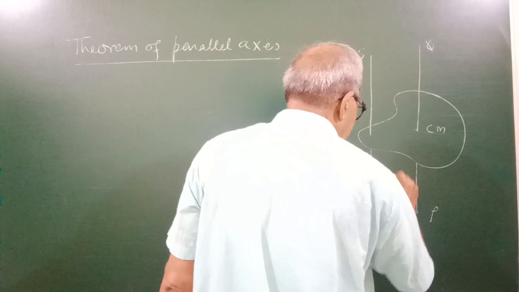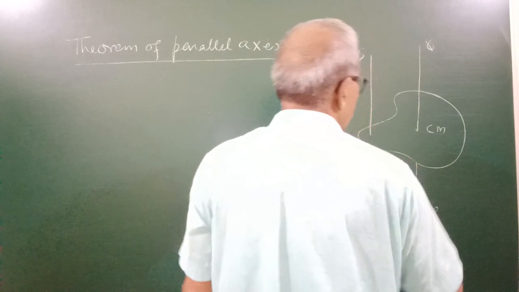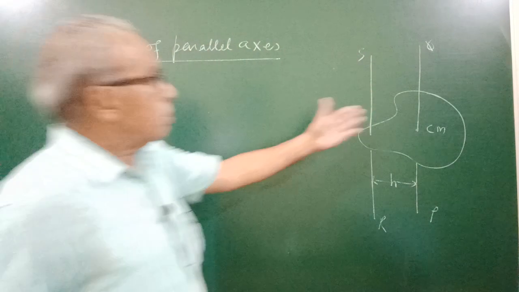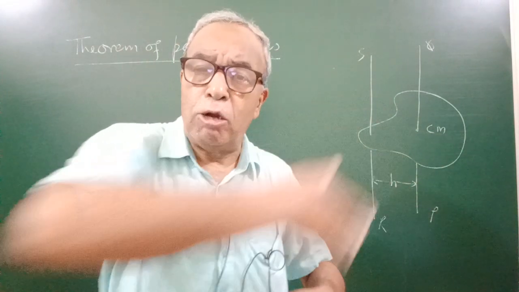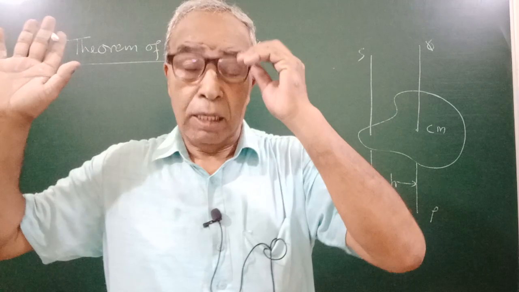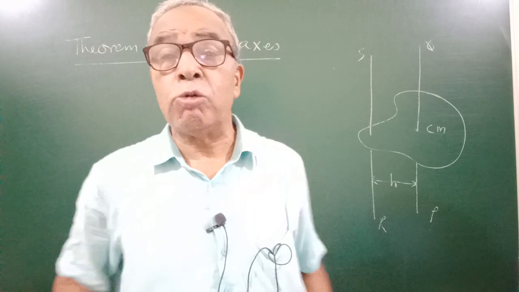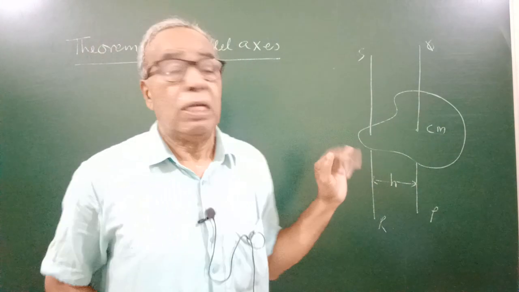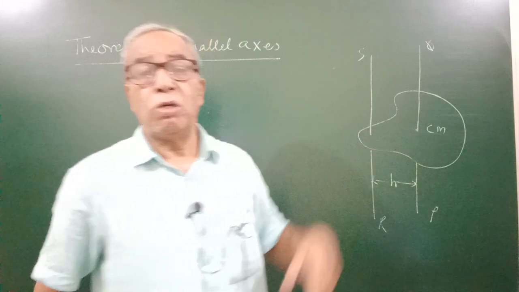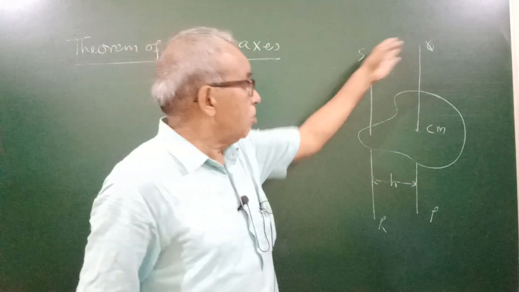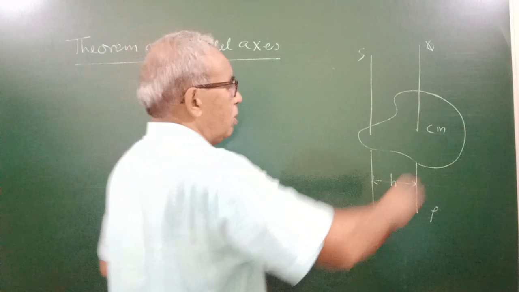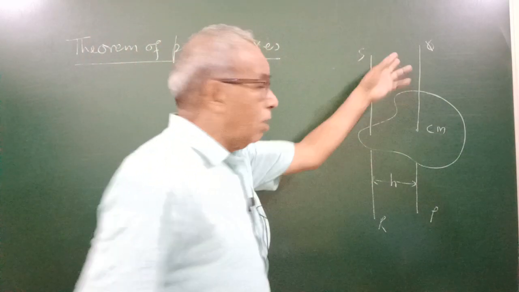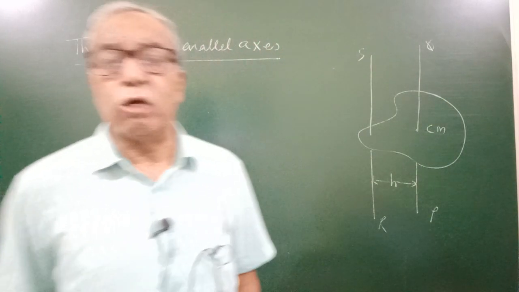The distance between the two axes be H. These axes may be normal to the plane of lamina, or may be lying in the plane of lamina, but the condition is that one axis passes through the central mass. The other is parallel to it, maybe at any distance, but parallel to the axis passing through the central mass.